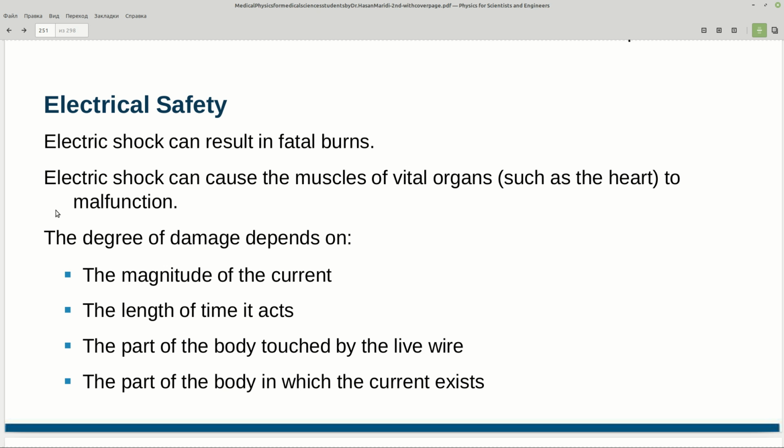Damage not the heart muscles but the heart acting work, the engine system, if I could say it in this way. So it could actually cause a heart attack.